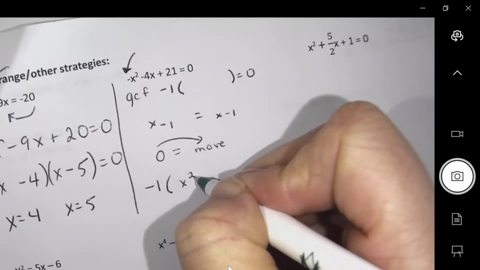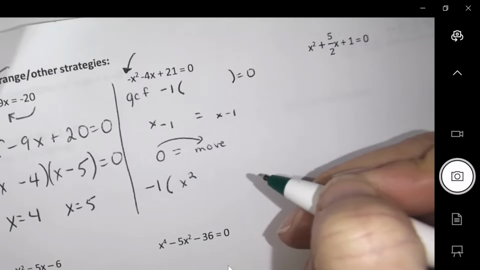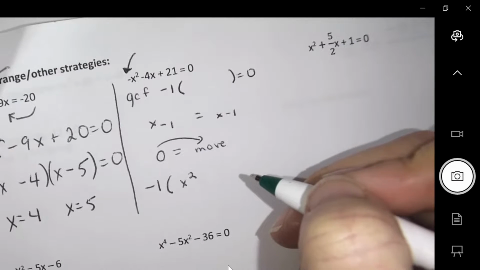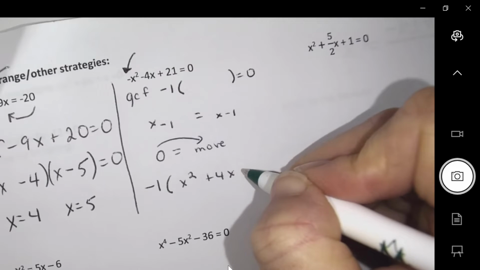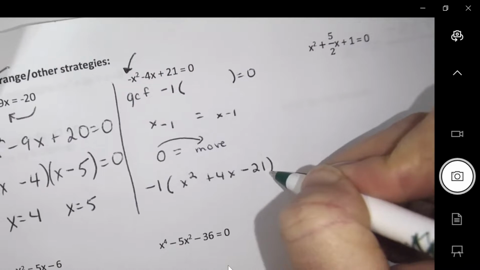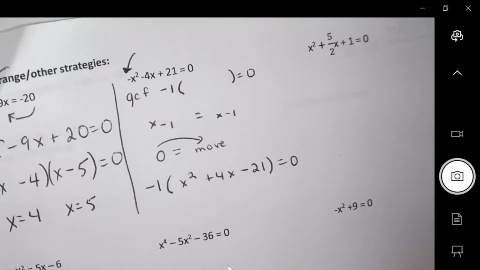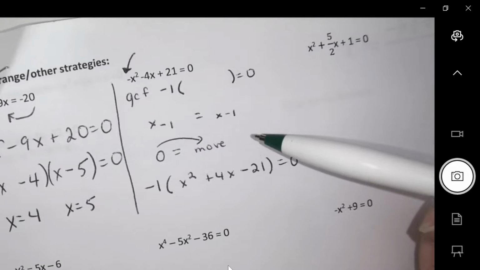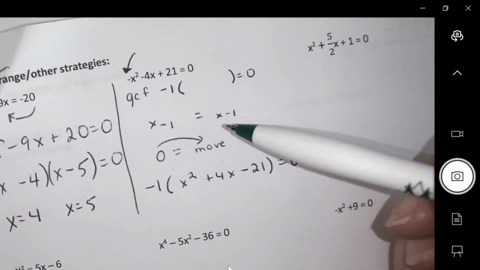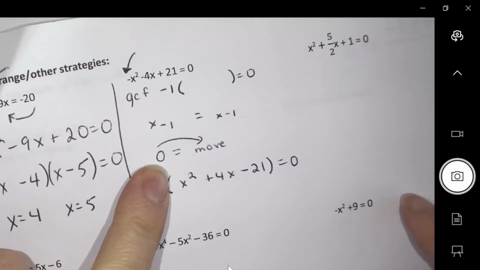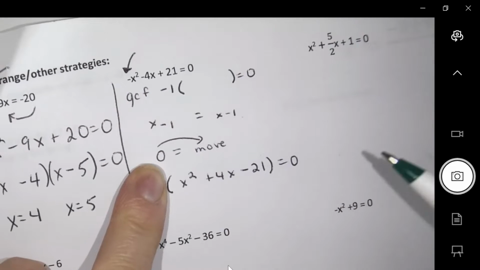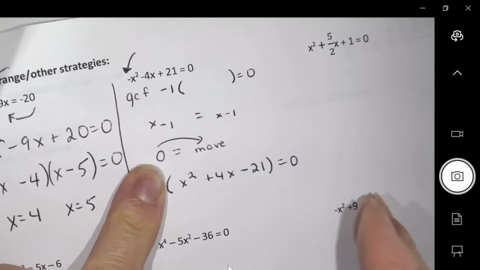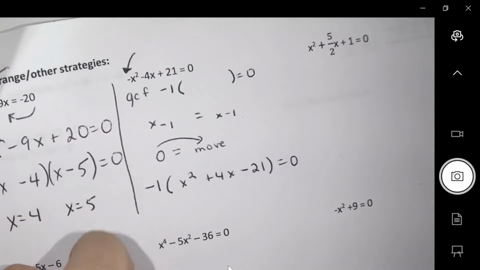X squared is now positive, right? Everything's going to change. So plus 4x, and a minus 21. If you had multiplied both sides by -1, you would have just got that. If you had moved to the other side, you would have got this, but flipped around.